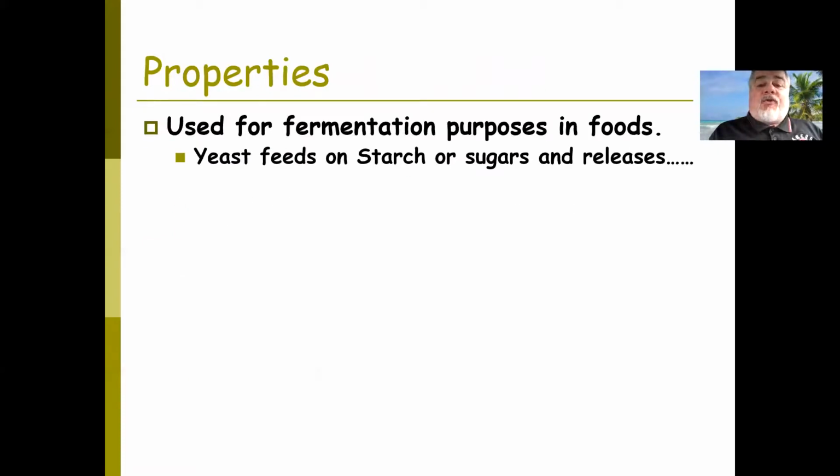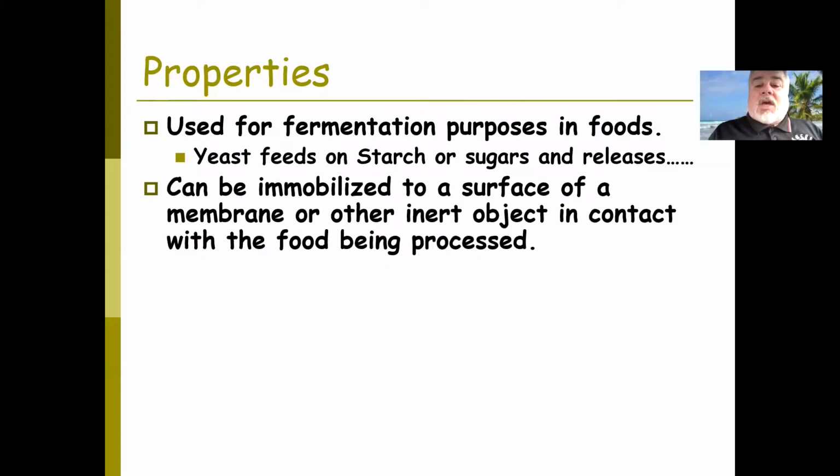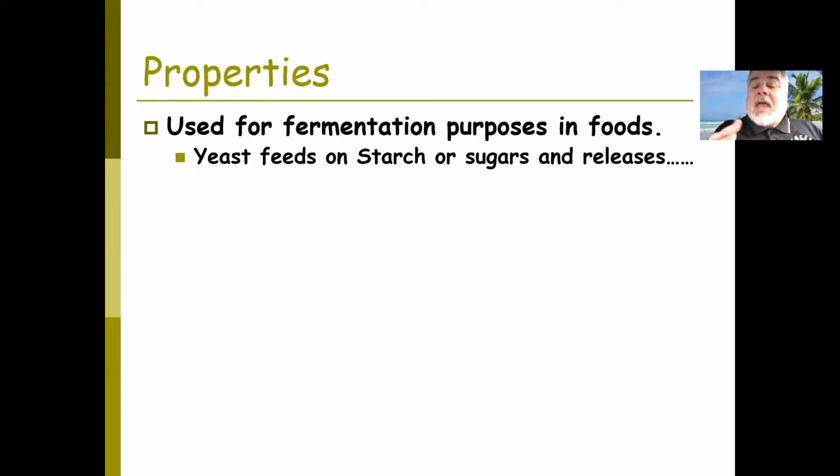Enzymes are used for fermentation. So yeast feeds on starch or sugars or other types of materials in the food, and it releases what? One of two things usually, an acid or an alcohol. If I'm making acid, maybe I'm making vinegar.